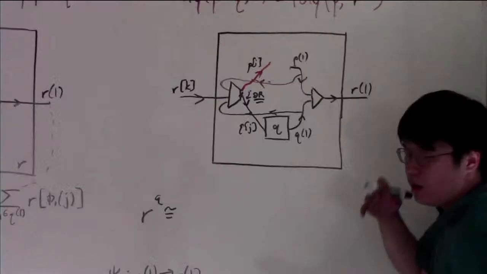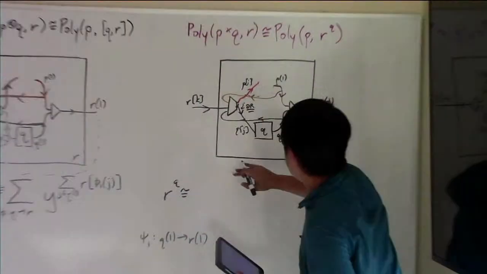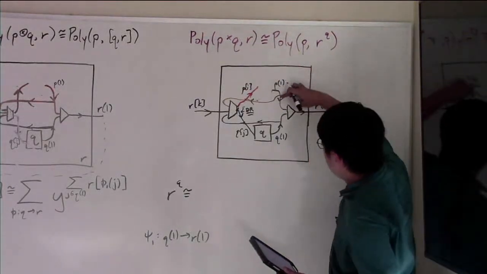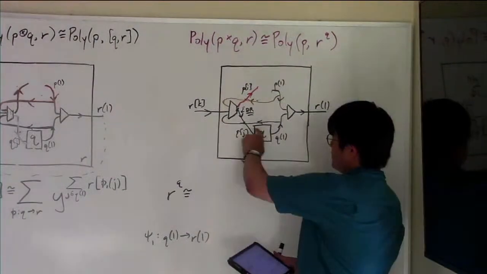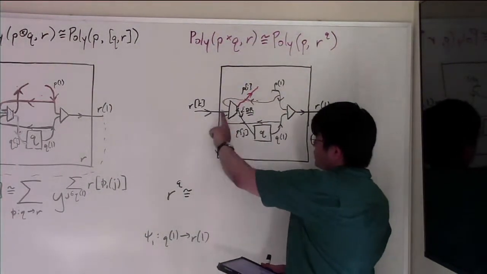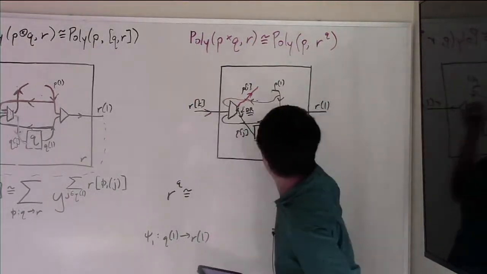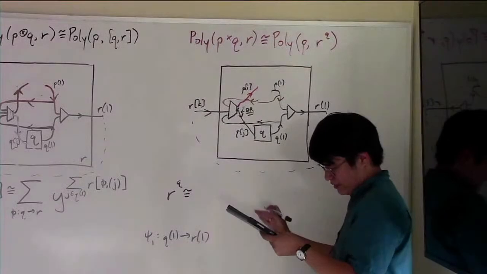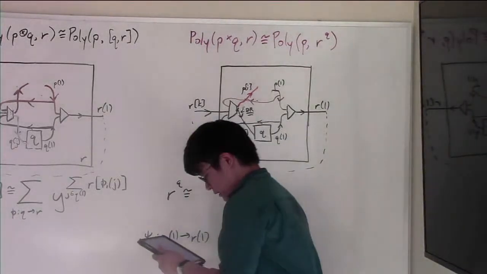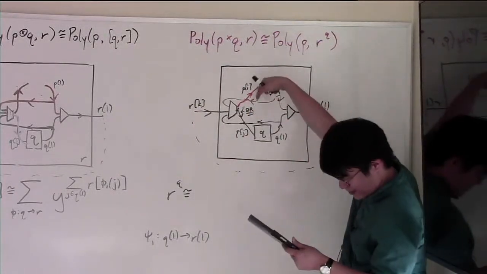But here, if we ignore the red, once we fix something along this orange, this is a function taking in an element of Q of 1 and an element of R bracket K, where K is whatever came out here.